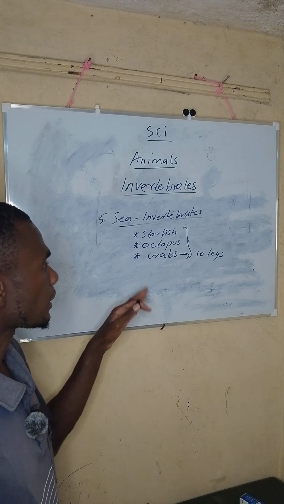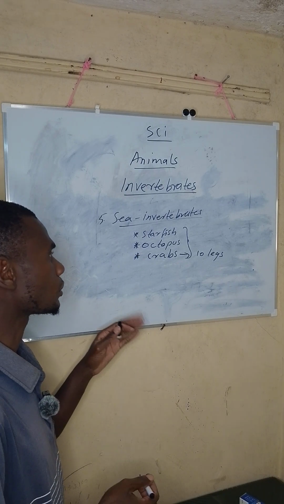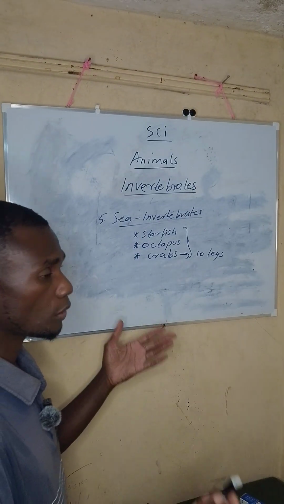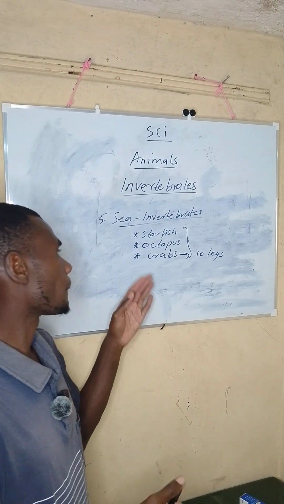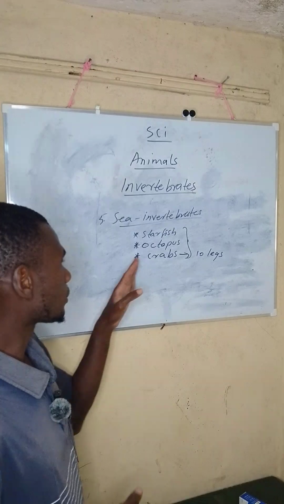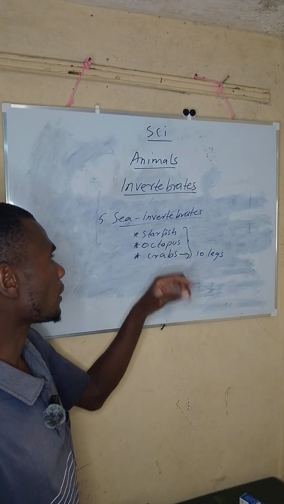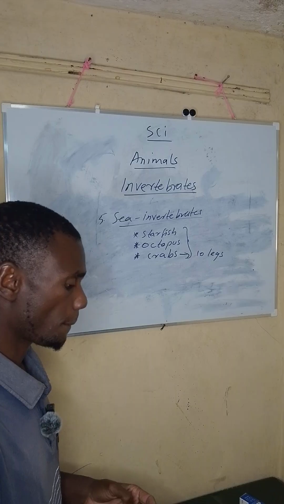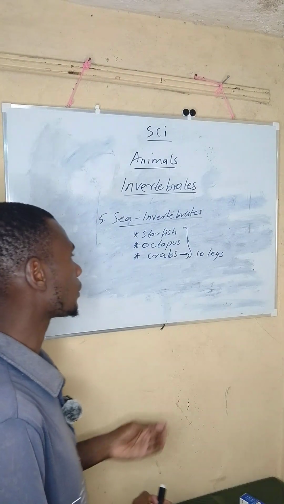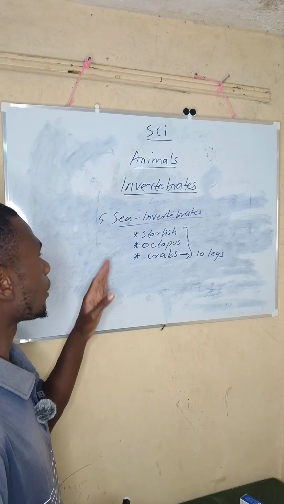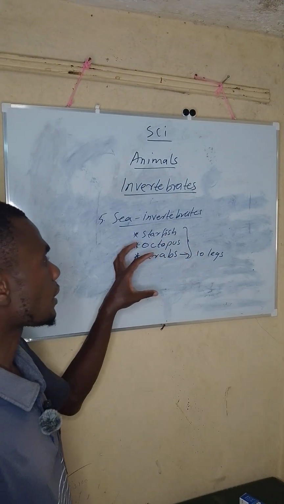There are not many characteristics of this because rarely can you be asked, though you never know. If you want to know more about the characteristics of these sea invertebrates, you can maybe find them online, or you can refer to some of the books, because to me it's not a very major thing.